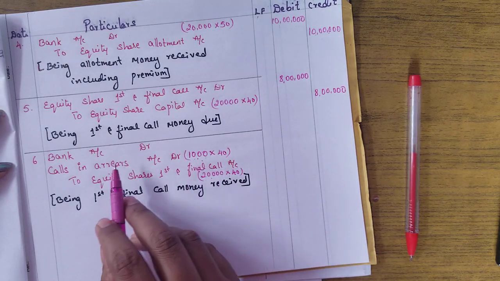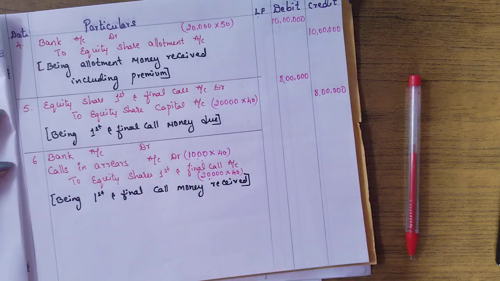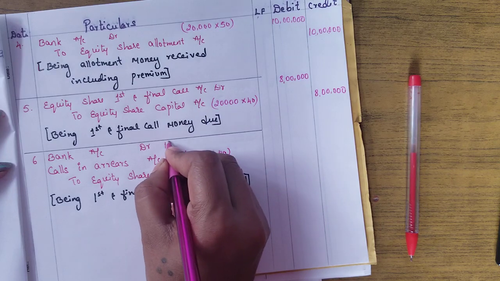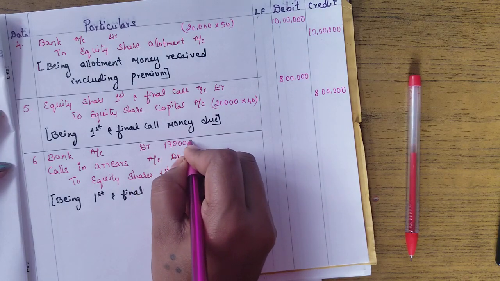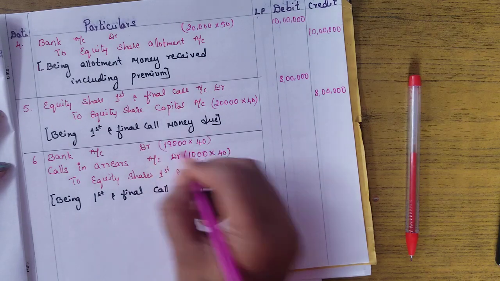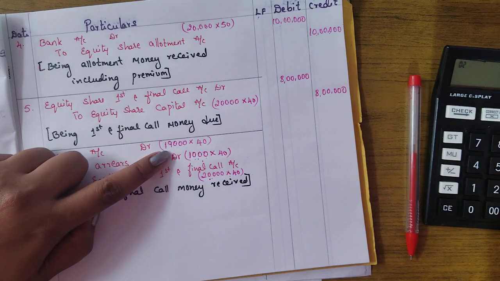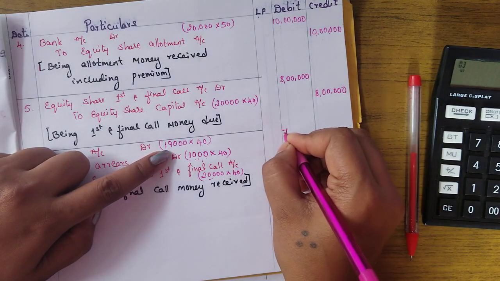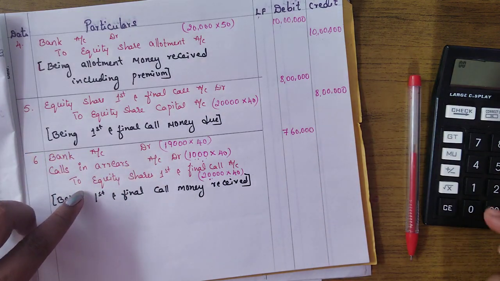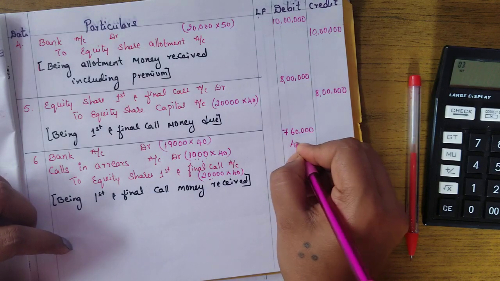Out of 20,000, 1,000 not paid. Then what is the paid amount? Paid number of shares is 19,000. So on 19,000 they have received the amount, 40 rupees is the final call amount. So 19,000 shares amount is paid at 40 rupees. That comes to 7,60,000. And 1,000 shares into 40 which is not paid, that is 40,000.